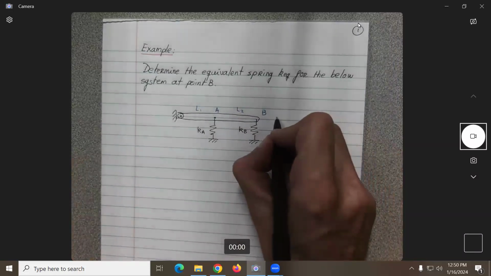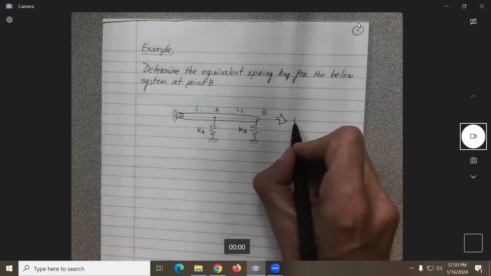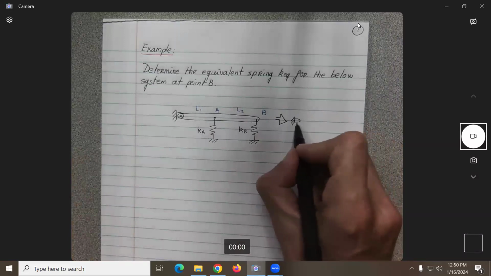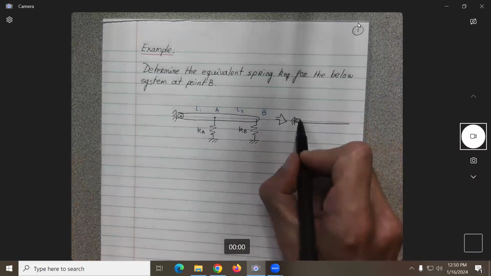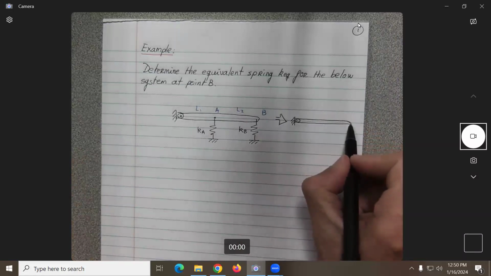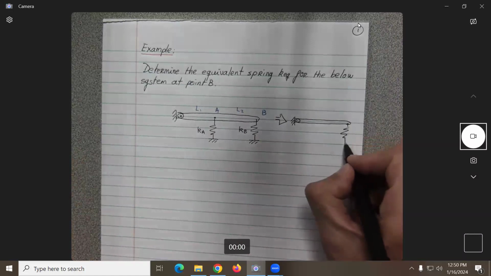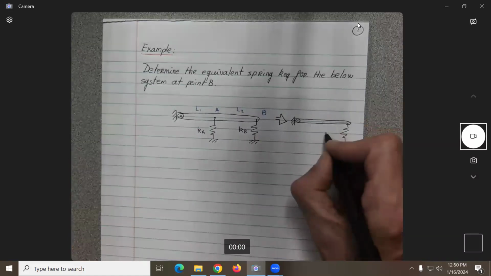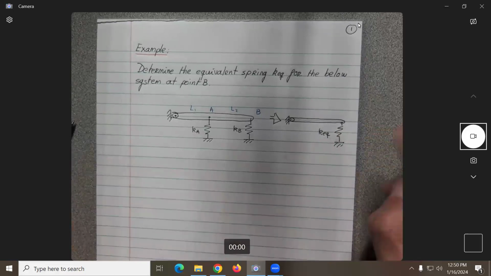So basically, what is it that you need to do? You need to find what would be the equivalent spring at point B over here.